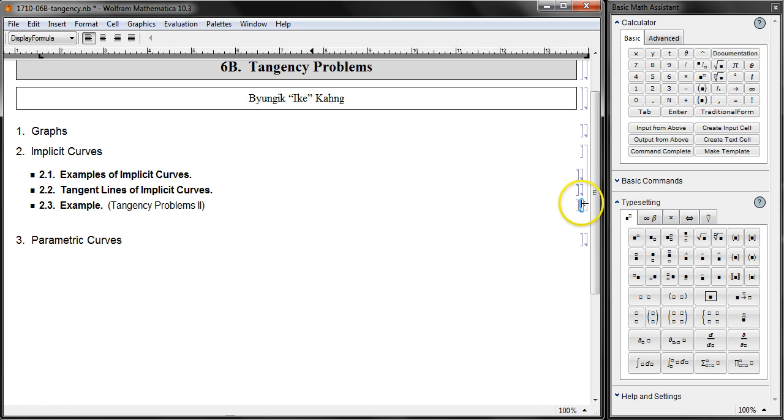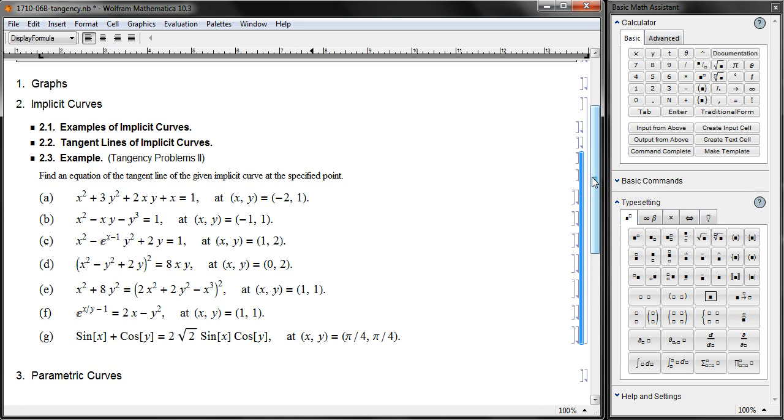Let's see. What problem do we have? Okay, this problem looks complicated enough, and I don't think we did it in the implicit differentiation video problem set, so maybe it's a good time to do it here. Okay, all right.